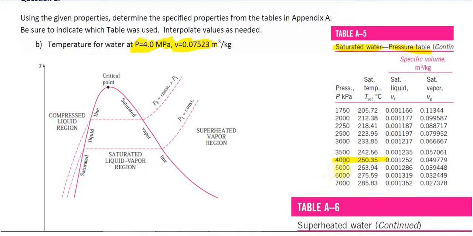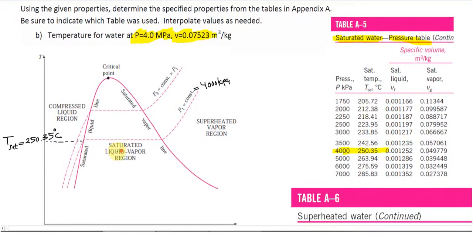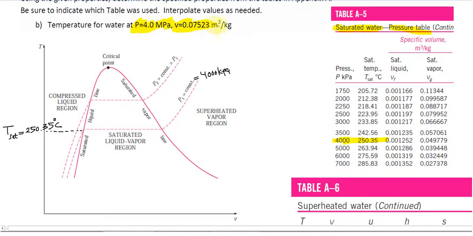Saturation temperature for this pressure, 4,000 kilopascal, I'm going to call it Tsat, equals 250.35 Celsius.